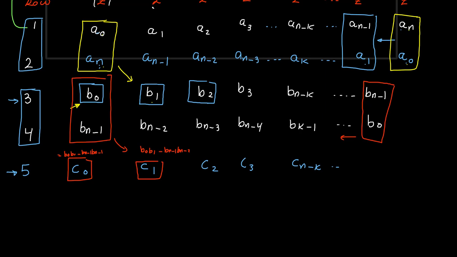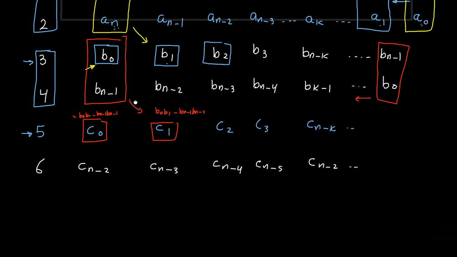Now the line number 6 elements is the same as the line number 5 reversed in order. So this will be Cn minus 2, Cn minus 3, Cn minus 4, Cn minus 5, and so on.